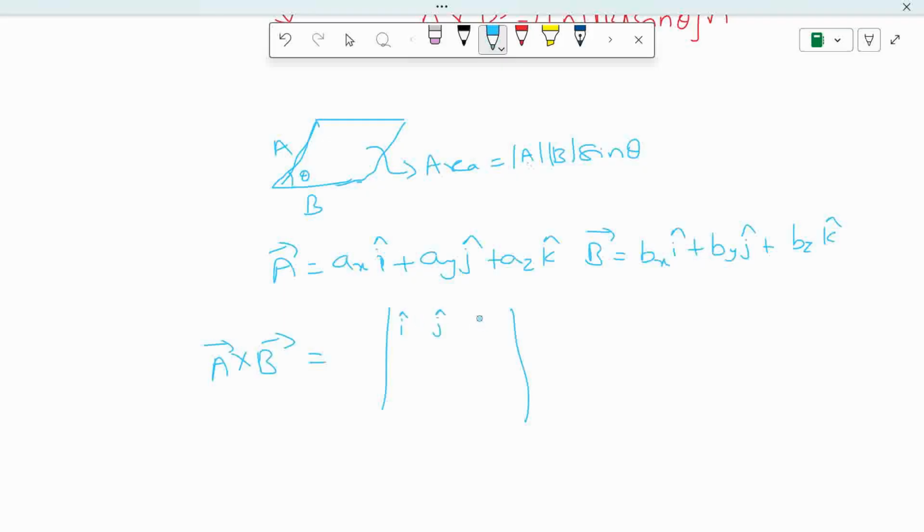You have to find the determinant of this, Ax, Ay, Bz. So this will be equal to the expansion I Ay Bz minus By, minus J cap.